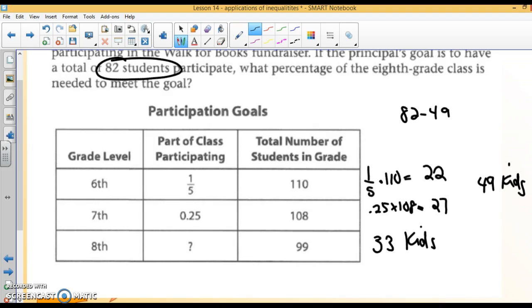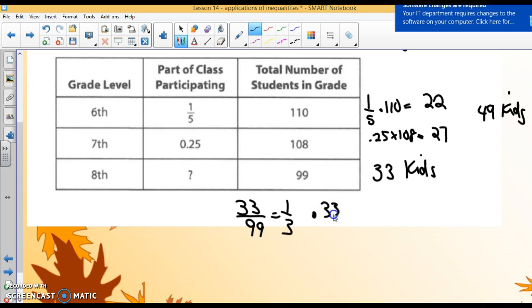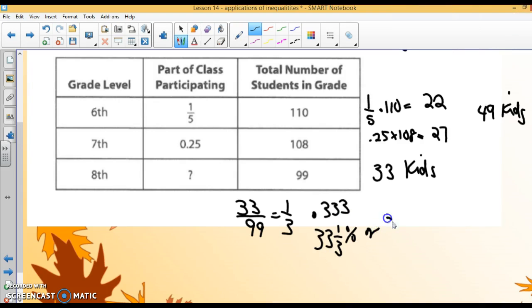Well, isn't a percent always a part out of a whole? So we need 33 students to participate out of 99 in the grade. That's 1/3. And they want that as a percent. 1/3 is 0.333. So it's 33 1/3%, or 33.3% repeated, need to participate in order to reach our goal.